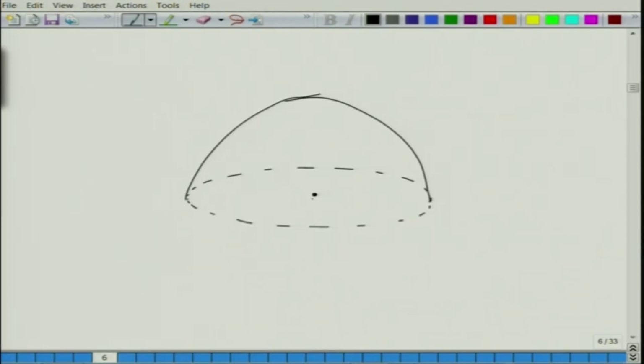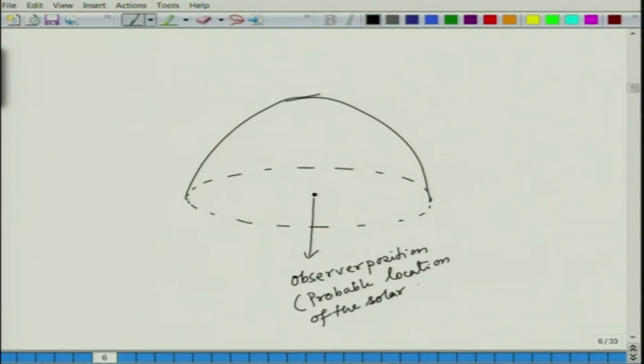So, this is the observer position, or we can also say the probable location of the solar collector, and this is the sky dome, as if it is a big hemispherical bowl that is placed on top of that location, where it is the center of that hemisphere.